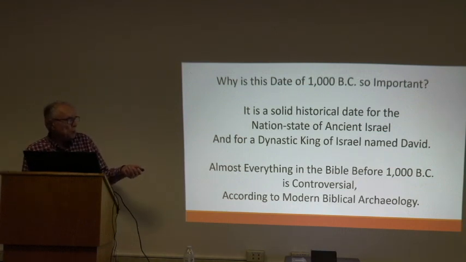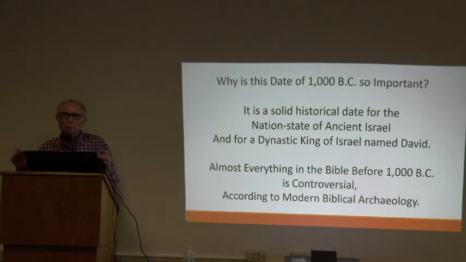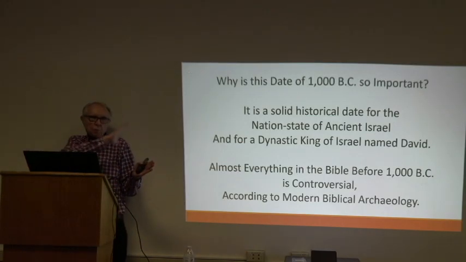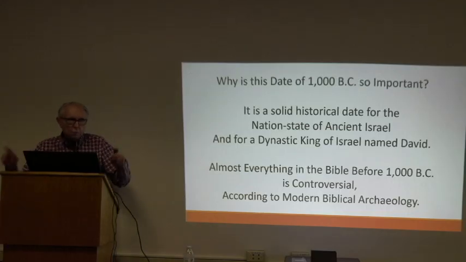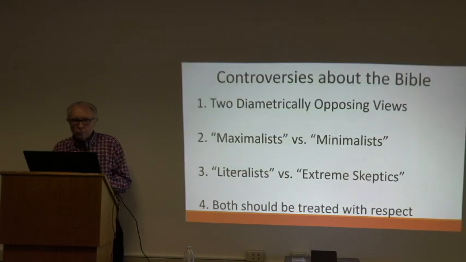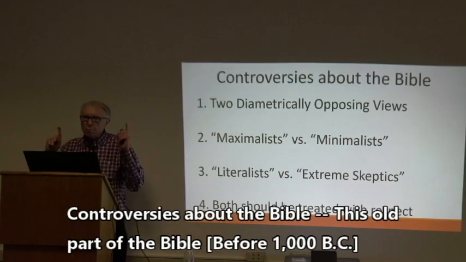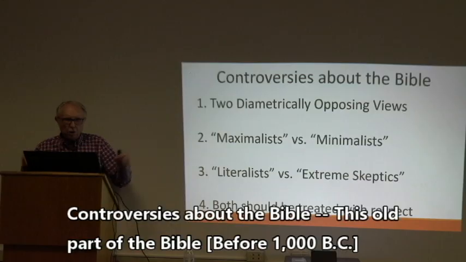Almost everything in the Bible before 1000 BC is controversial according to modern biblical archaeology, modern science. Everything before 1000 is a little iffy. Controversies about the Bible, this old part of the Bible.